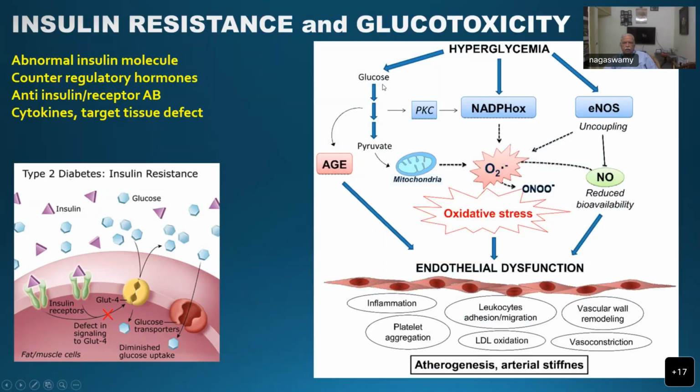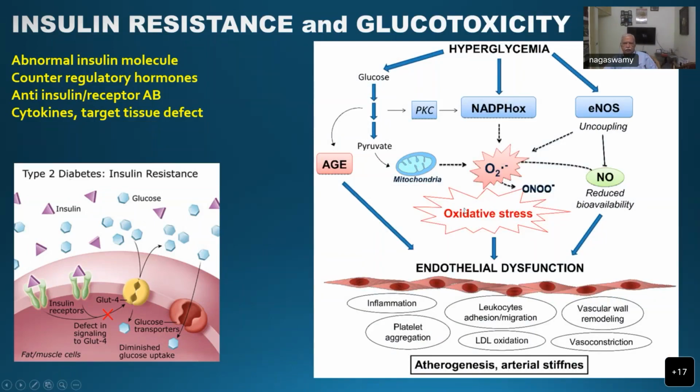Normally glucose goes up to the stage of pyruvate inside the cytoplasm, glycolysis, and then it enters the mitochondria for oxidative phosphorylation, and excess of that starts producing oxidative stress, which is the main pathology.